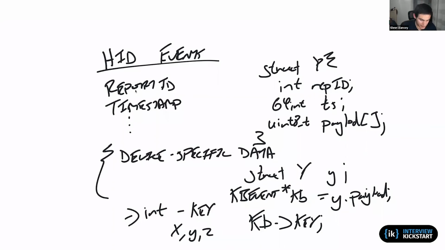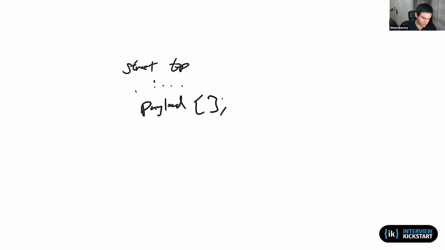You could potentially have your topmost structure have whatever metadata header fields you need, and then the payload, which is once again our flexible array member.